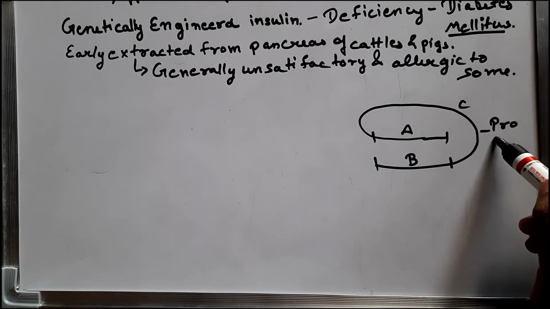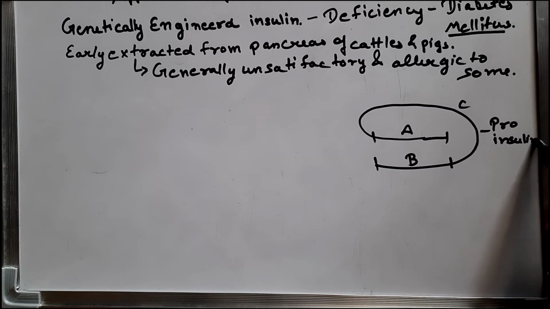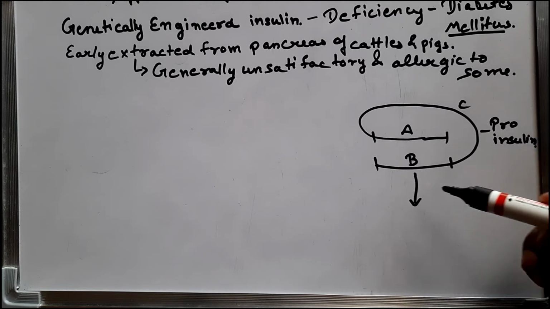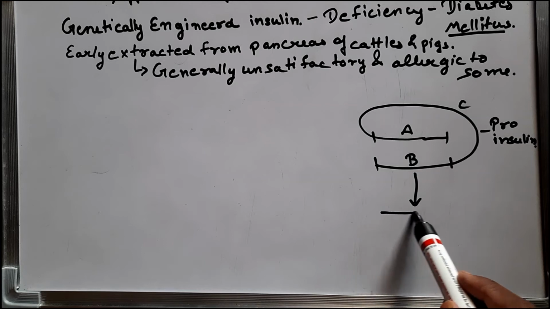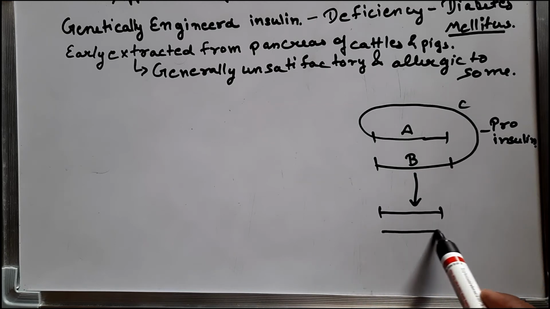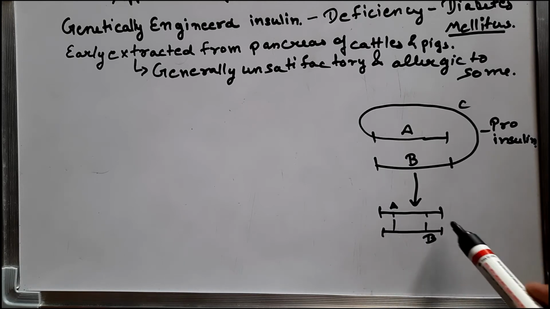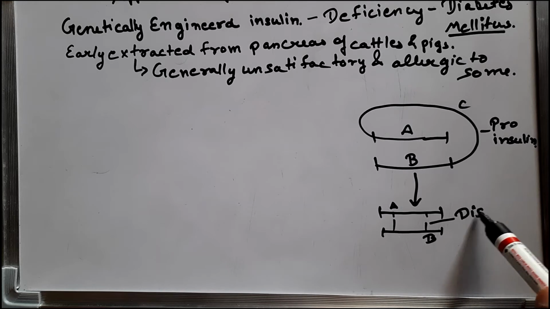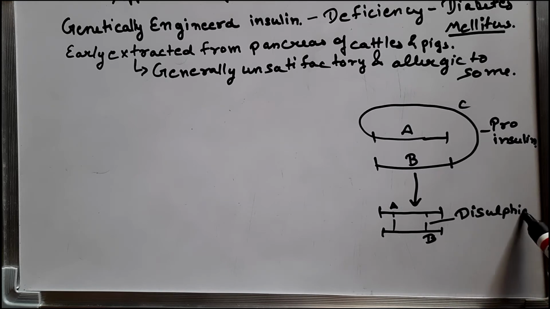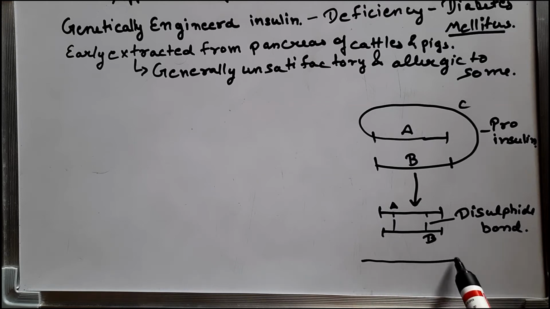The first structure which is formed is proinsulin, where three chains are present: chain A, chain B and chain C. Now its maturation occurs where only chain A and chain B are present, which are connected by disulfide bond, and chain C is free. So chain A and B connected by disulfide bond is mature insulin, and this is the main hormone which is used for the treatment of diabetes and which regulates the sugar level in humans.